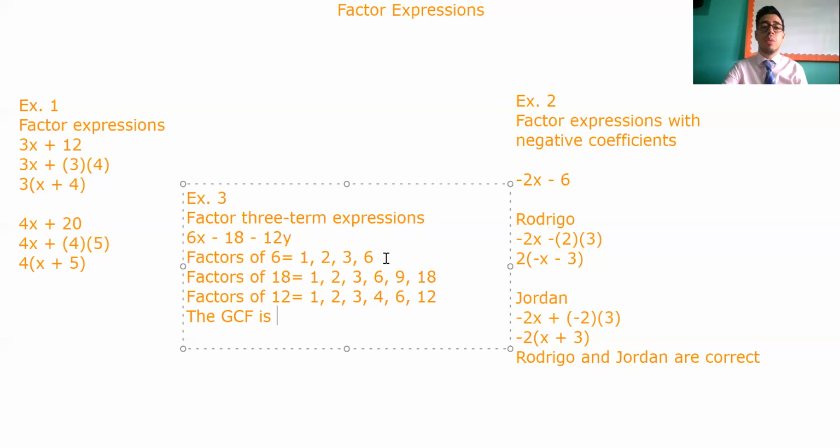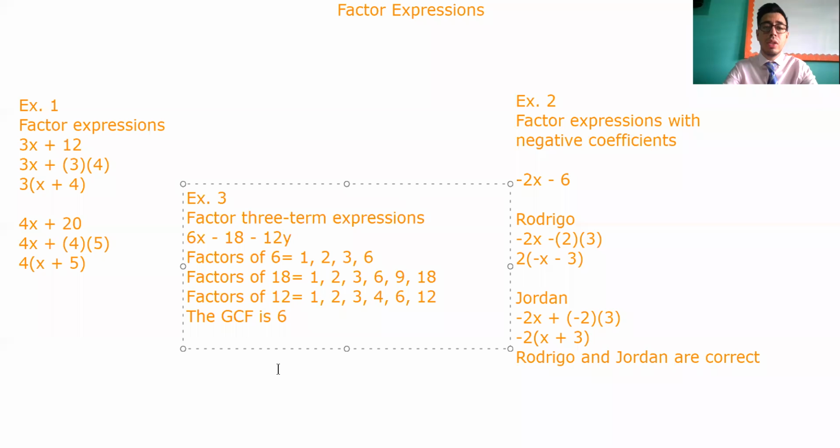So the greatest common factor, again, is the factor that I have in all the terms and it's the greatest one of them, okay? So the greatest common factor is 6.